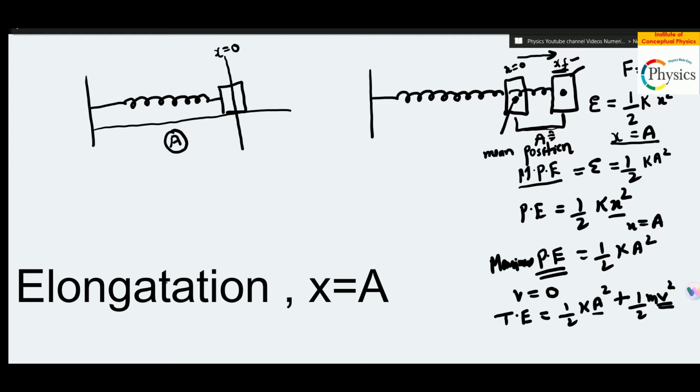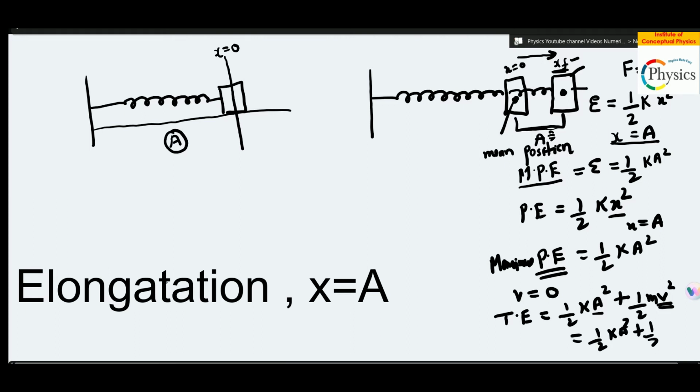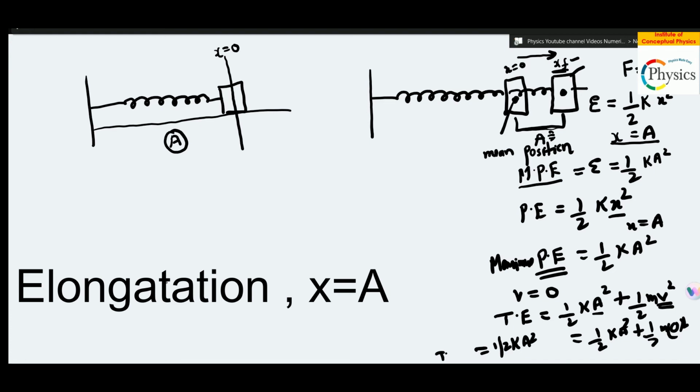It will not move. It is being held here. So it is equal to half kA squared plus half m into 0 squared, which is half kA squared. This is the total energy, the maximum potential energy being held inside the spring at the extreme position. So this was a situation of elongation.